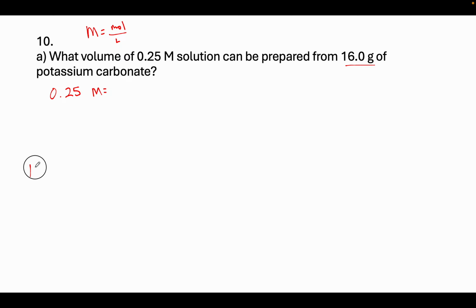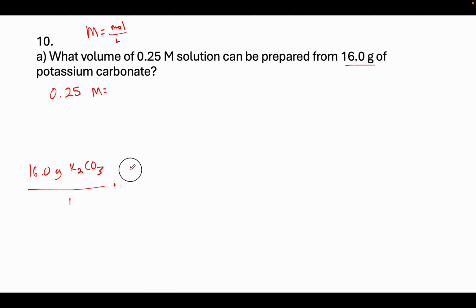So 16.0 grams of K2CO3, that's what potassium carbonate is, over 1, times the molar mass and mole ratio.